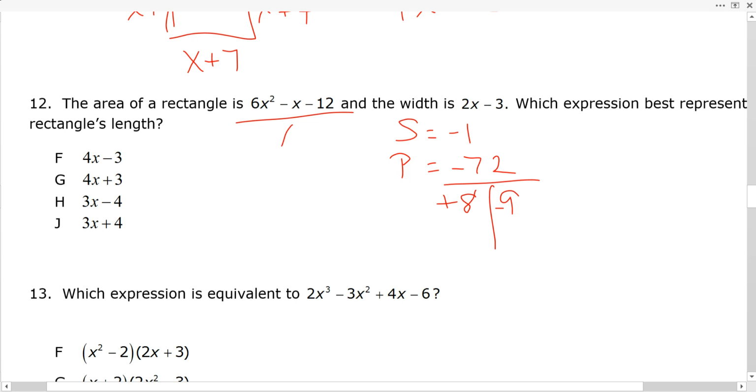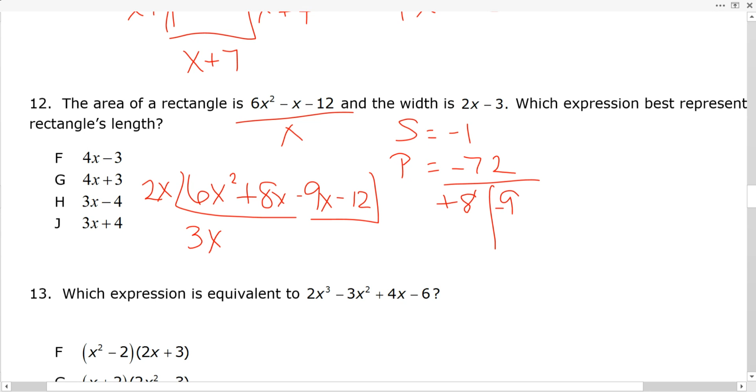So I end up with 6x squared plus 8x minus 9x minus 12. I take the greatest common factor of the first two terms, which is 2x, and when I divide, I get 3x plus 4. And on this side, I'm going to divide by a -3, which gives me 3x plus 4.